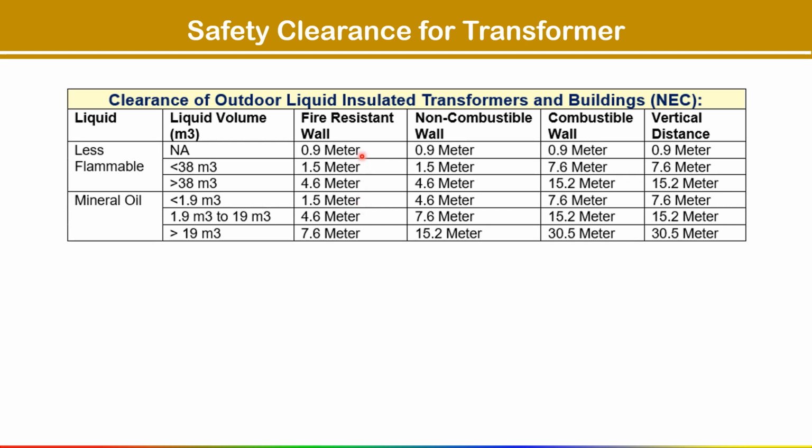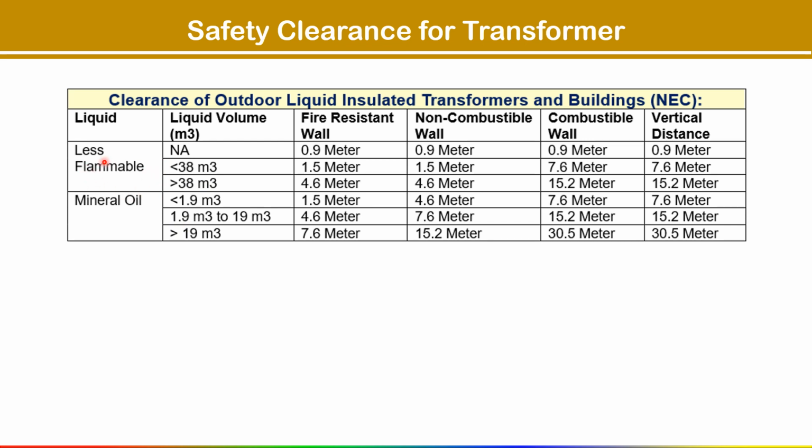Then if you are creating a fire resistance wall, their detail is given here. Non-combustible wall detail, combustible wall detail, and the vertical distance we want to maintain, all this detail is given here. So clearance of outdoor liquid insulated transformer and building.